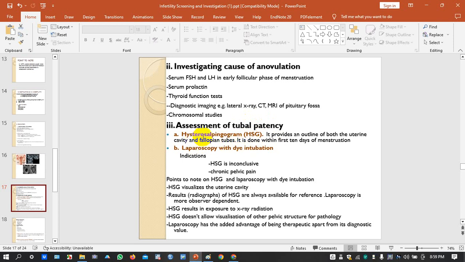So this is an X-ray. When they bring HSG in your lab, it means X-ray. They give the woman a dye, and for about 30 minutes they will do the X-ray to look inside her fallopian tube and also the uterus.